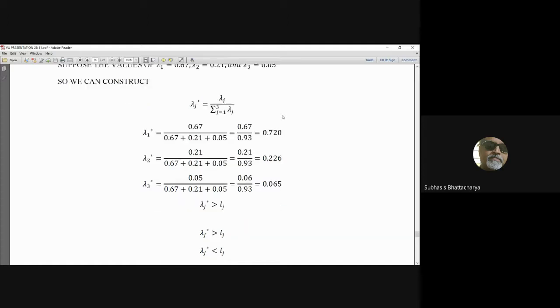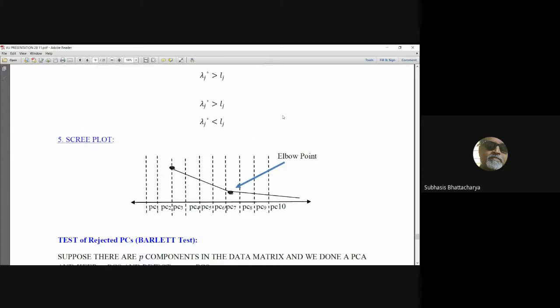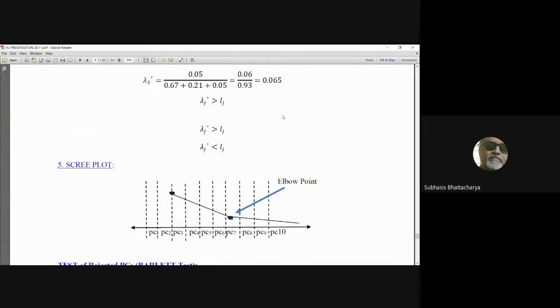And what is the scree plot? I am coming to that last one. The scree plot is this: I arrange the principal components in a diagram. Suppose there are 10 variables and they are divided into 3 principal components. When we find an elbow point, then up to that point I have to select the principal components.